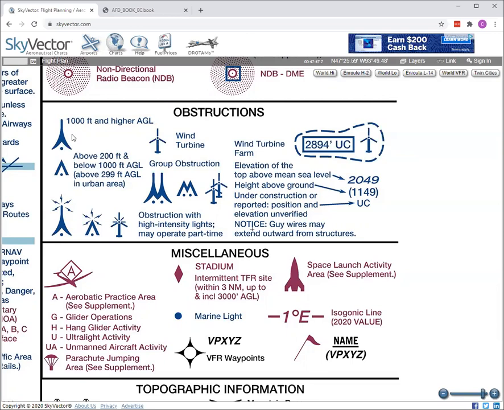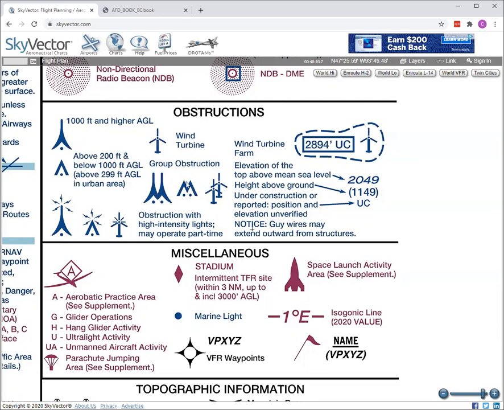If it's below 1,000 feet and above 200 feet, you're going to see this little tower. It's just a smaller little triangle. If it's a wind turbine, you're going to have a little wind turbine symbol. If they're grouped, you're going to have little groups of turbines or towers or small towers.